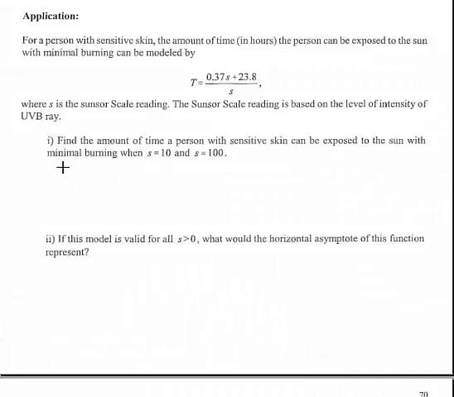Well, all we have to do is plug in these values. 0.37 times 10 plus 23.8, divided by 10. And this is going to give us the time in hours. Okay, in hours.